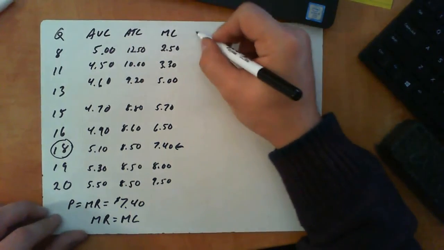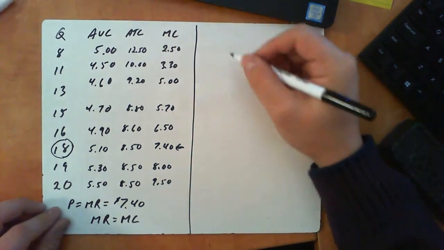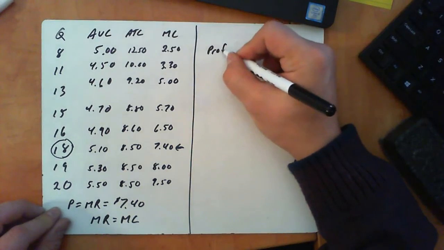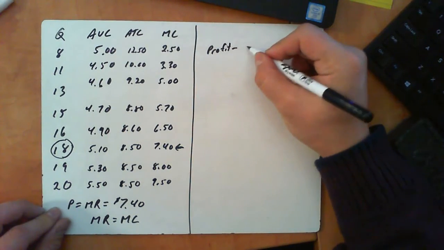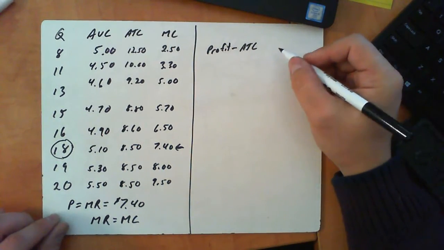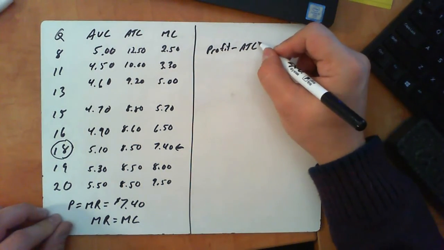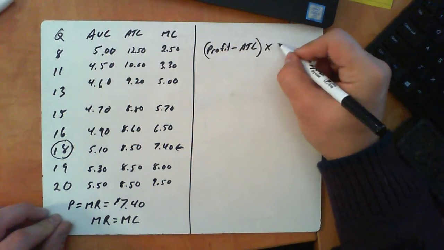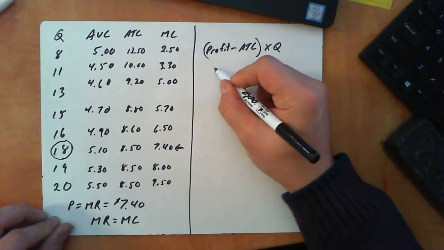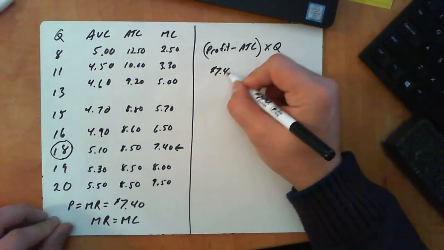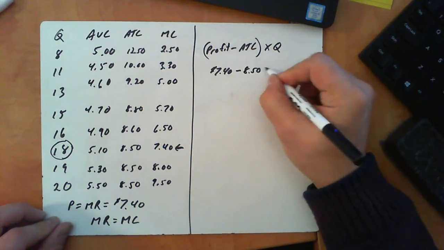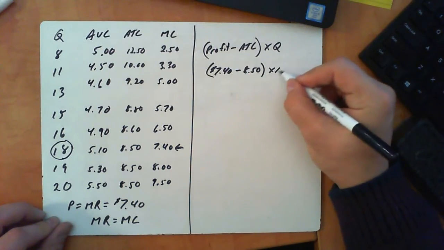Our price is $7.40, minus the average total cost of $8.50, times our quantity of 18.